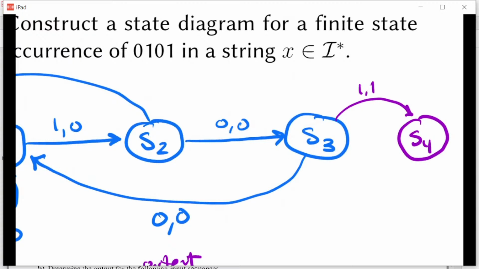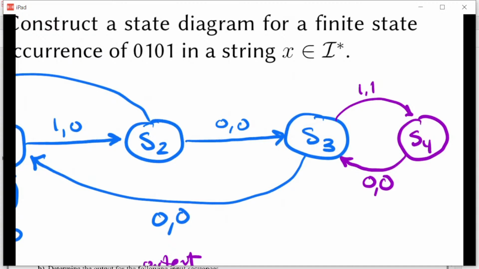But then you have to ask yourself, okay, you're going to have two arrows going away from state 4. Where do they go? You just have to make sure you put them going to the right place. So if I had a state 4 like that, then I might do this. Now if I get a subsequent 0, I'm going to go back to state 3 to keep track of the fact that I've already got a 0, 1 in place. And then I go back to state 3 with my next character, which is a 0.